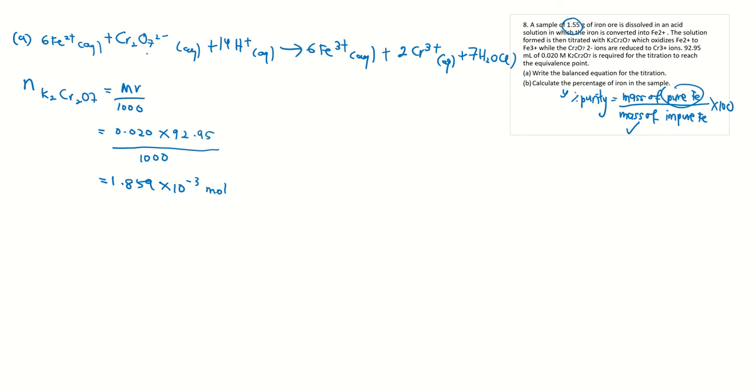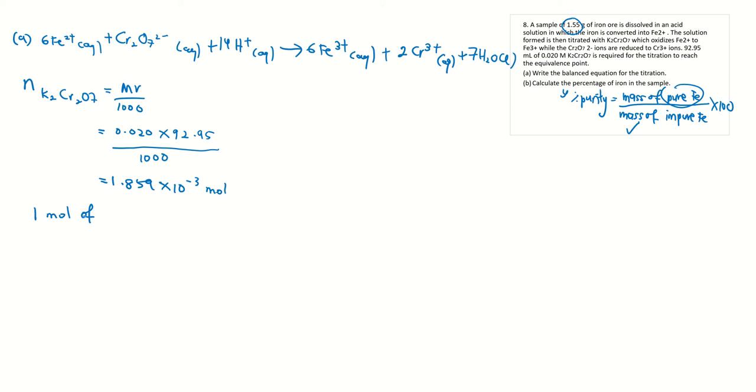But in the balanced equation it is the dichromate ion. So you need to determine the number of moles of dichromate ion first before comparing with iron 2+. In 1 mole of potassium dichromate, how many moles of dichromate ions are there? Just 1 mole.